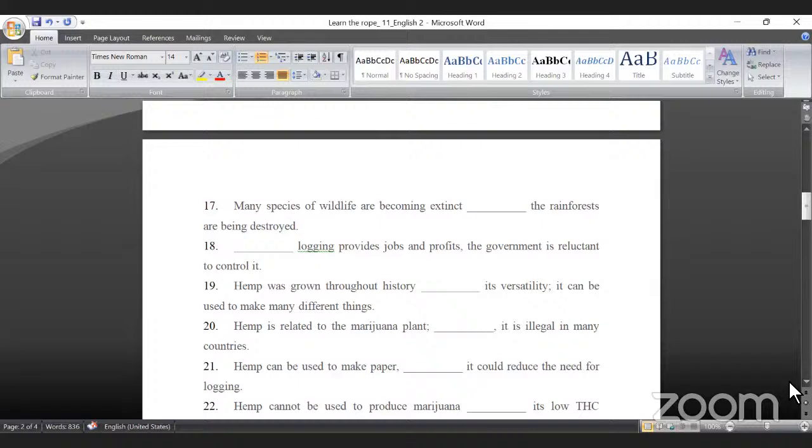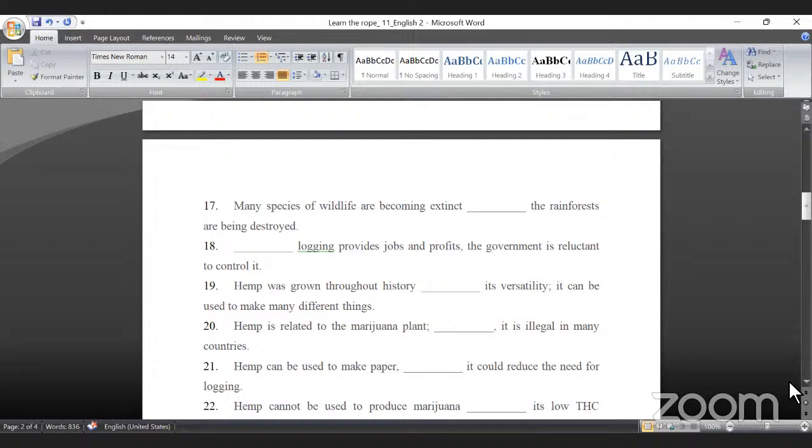Adding, right? So what will you provide there? Could be a word or a phrase, like I said. Because of, or you can say due to. Hemp was grown throughout history due to its versatility. It can be used to make many different things. Or because of its versatility. Anything is fine.